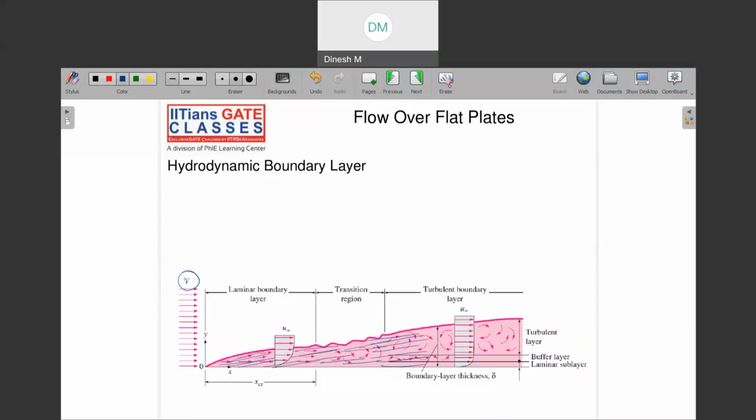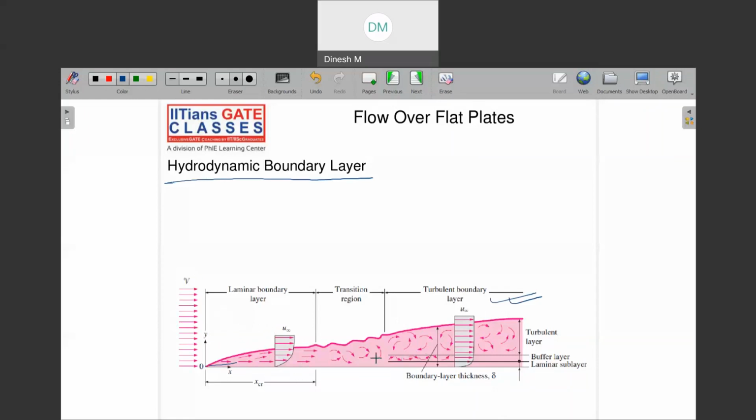Okay, this is one thing. Now second thing is that this boundary layer will keep on increasing in the direction of flow. Why? Because if this has got lesser value, then this will keep on reducing its velocity.